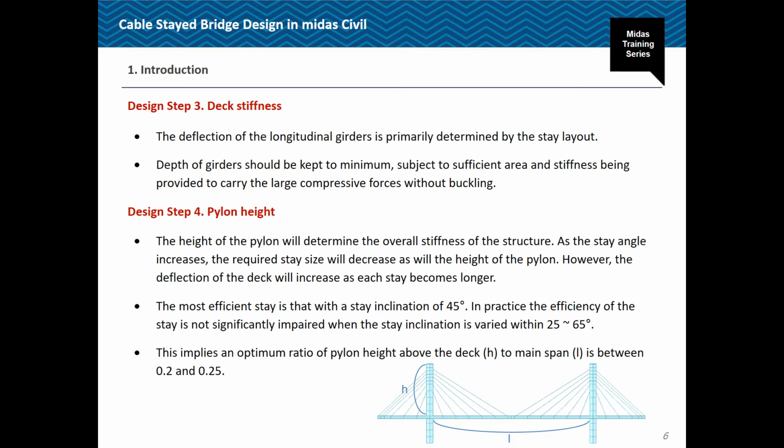In practice, the efficiency of the cables is not significantly impaired if the cable stays between 25 and 65 degrees. The consequence of the limitation in angle for the stays is that the height of the pylon above the deck level is roughly between 20 and 25% of the length of the main span.